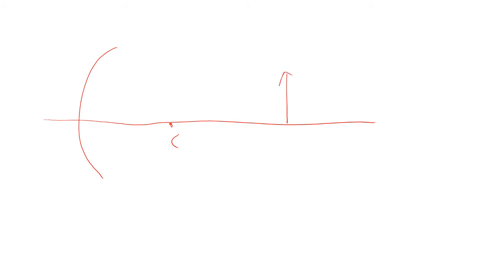Now draw a line right through the center of curvature. Imagine we have an object over here. Light going to the center of curvature hits the mirror and goes straight back out. Light going like that comes in at an angle like that. So the light from this point up here at the top of the object comes together at a spot right there.